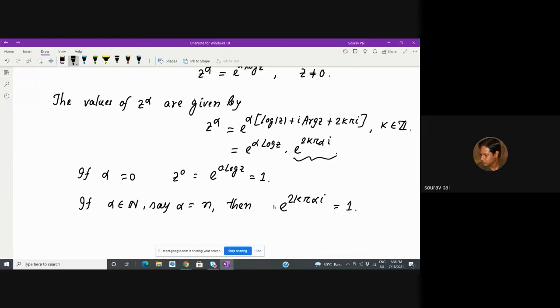Do you agree with this, if alpha is equal to n? And accordingly, you have z to the alpha equal to e to the alpha log z, or better to say, I put n here. And what is the right hand side?